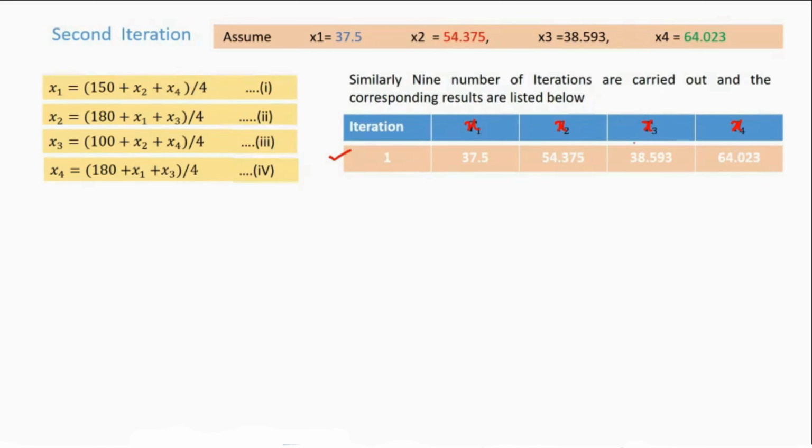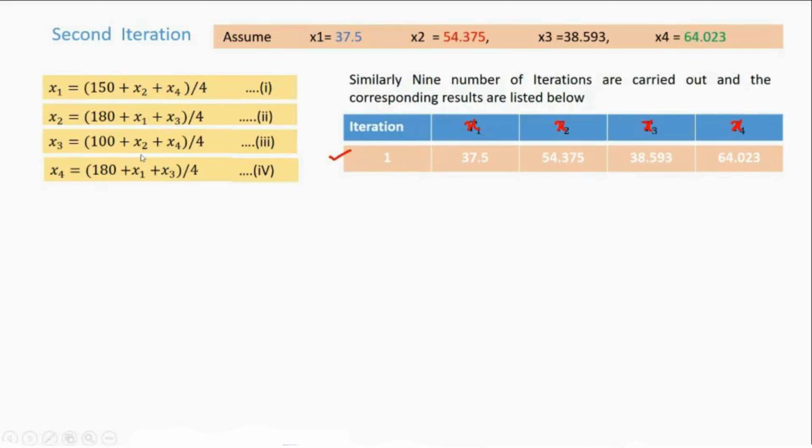This is x1, x2, x3, x4. Now this is the basic equation we have to use, the basic equations for x1, x2, x3, and x4, after rewriting the given equation in this form, that we have to utilize.